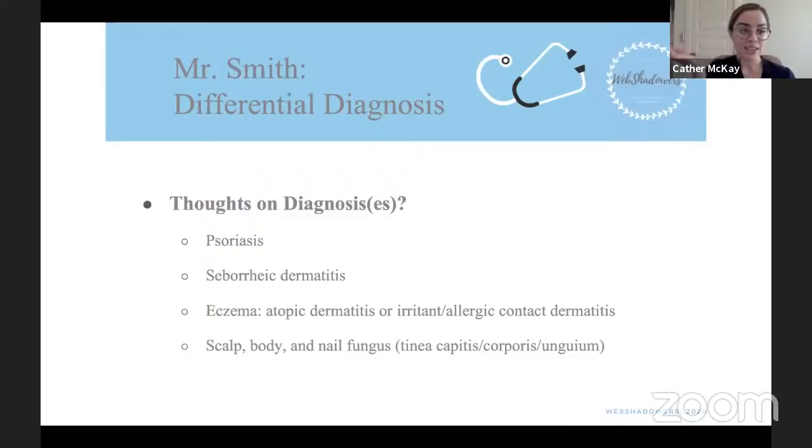And of course, since he has other areas involved, nail findings, joint findings, that wouldn't go with seborrheic dermatitis. You could consider different types of eczema, and you could also consider fungus. There are times when you have an infection of the scalp, called tinea capitis, on the body, tinea corporis, and tinea unguium when the nails are affected.